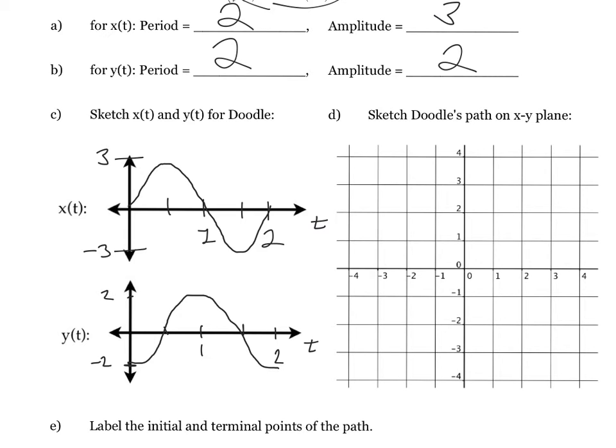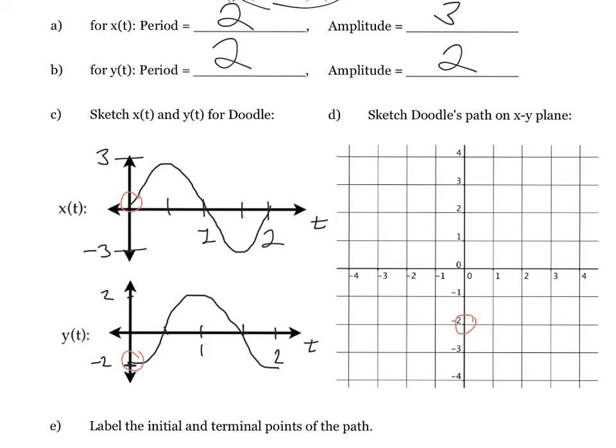So when t is equal to 0, let's figure out where Doodle is. So I'm circling the x position and the y position when t is equal to 0. And in this case, the x-coordinate is 0, and the y-coordinate is -2. And that's this point down here.